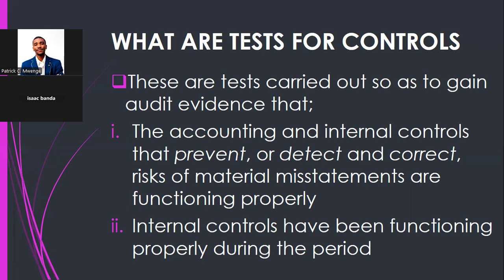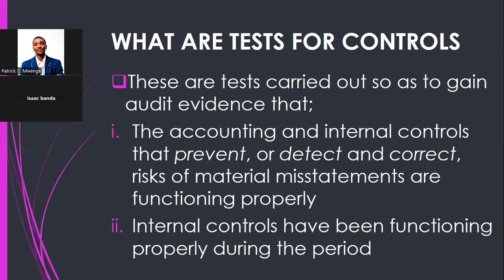So, it's basically about us obtaining audit evidence, which is going to allow us to understand whether the controls that prevent, detect, and correct risks of material misstatement are functioning properly. At the same time, we can also know that the internal controls during the year have been functioning accordingly.